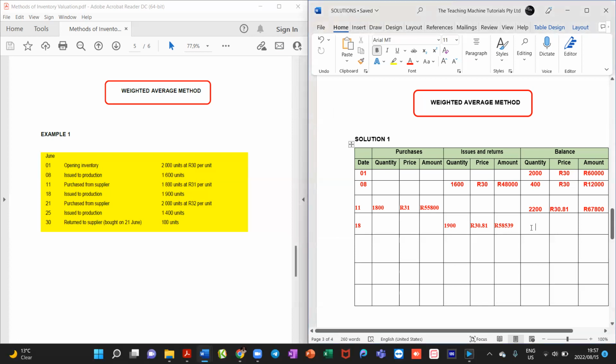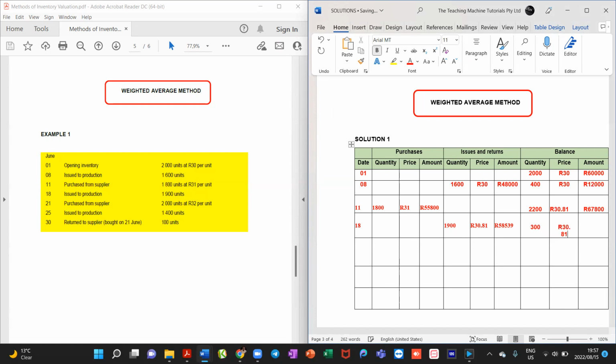And then we issued 1.9 from 2.2. So if you say 2.2 minus 1.9, it should be 300, if I'm not mistaken. And then the price is the same, 30.81.